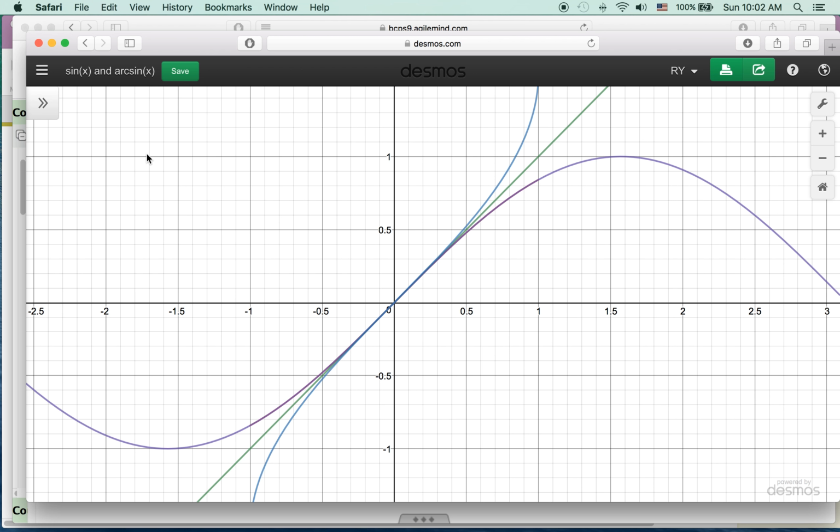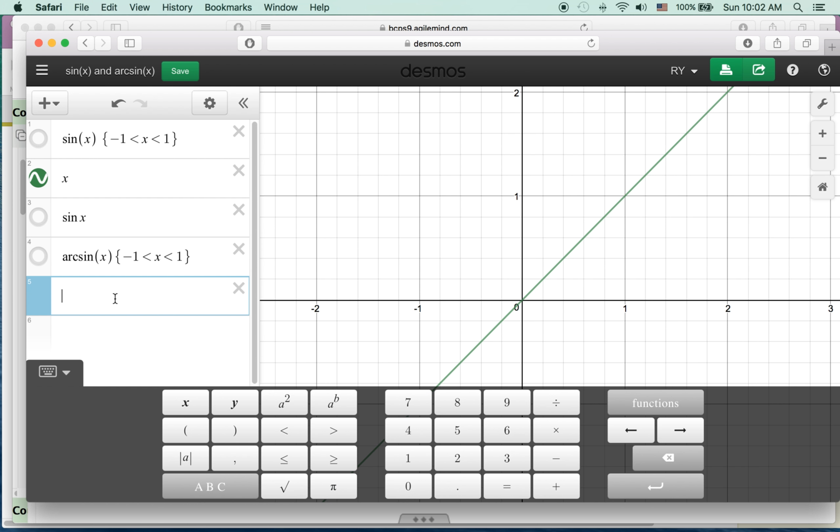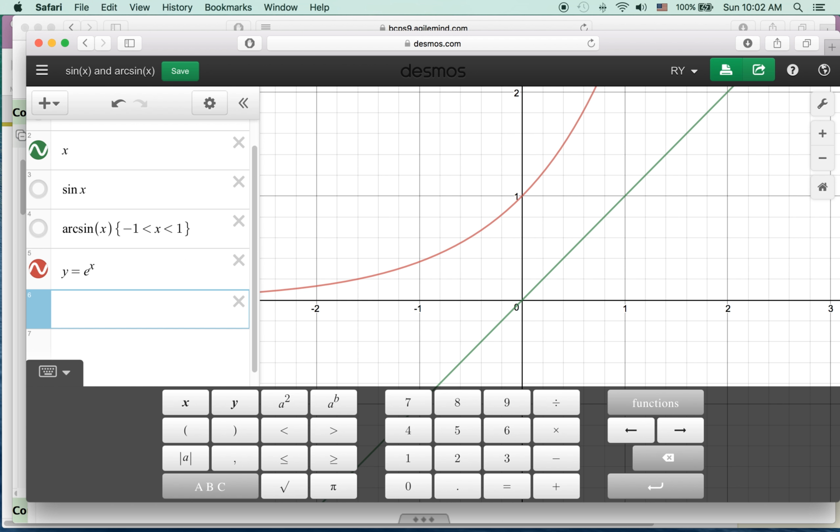Let's look at another example that may be easier to see. Let's look at y equals e to the x. This is called the exponential function with the base of the natural log, and we'll learn about that more later on in the year. The exponential function and the logarithmic function, base e, are inverses. Let's look at their graphs.